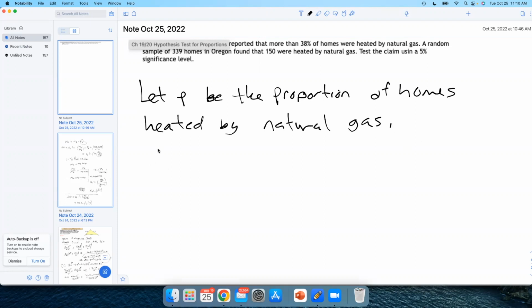Okay, we thought or we believed that P was 38%. That's what was reported before. So that would mean Q, which is always 1 minus P, would be 62%. Okay, that's going to be our P naught in a minute.